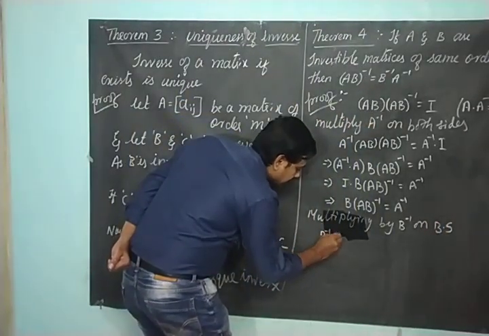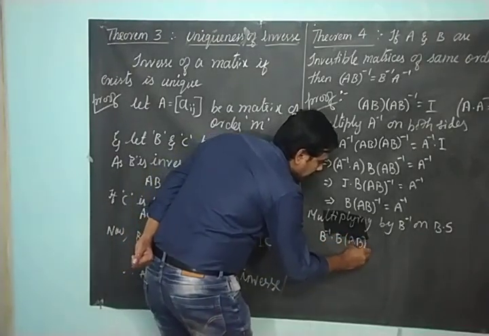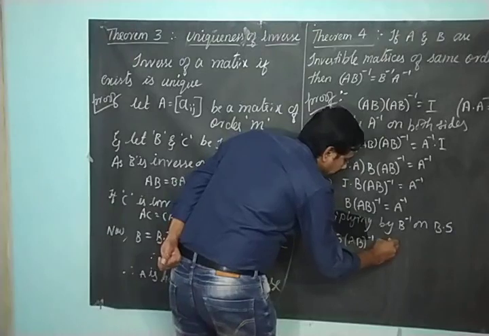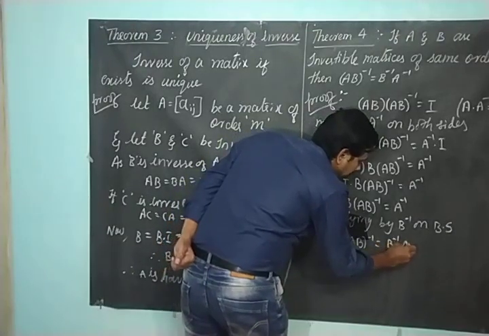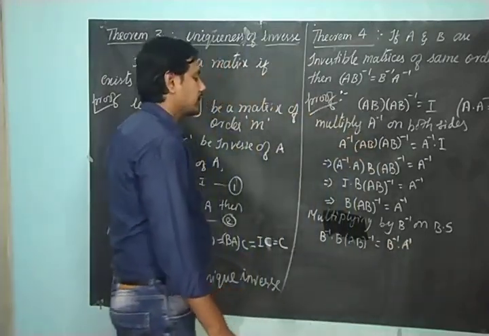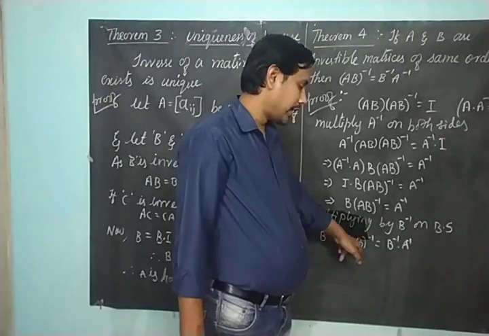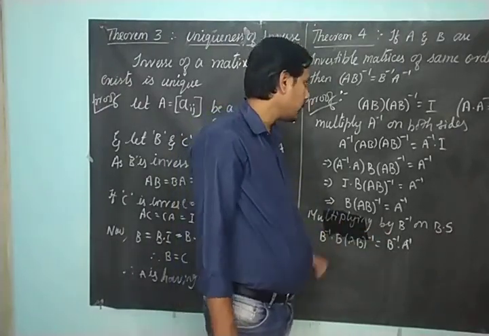B inverse into B into AB whole inverse is equal to B inverse into A inverse. Right? So multiplying B inverse on both sides, B inverse into B into AB whole inverse is equal to B inverse into A inverse.